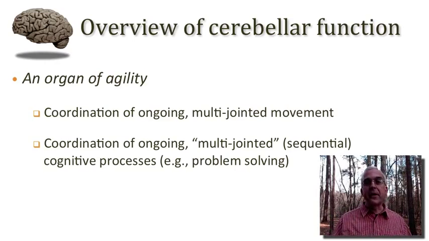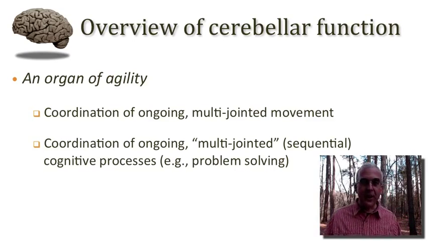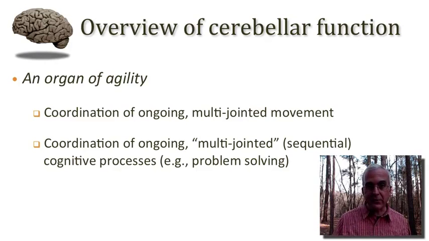Or if we want to think of the various components of problem solving as movement across multiple hinged joints, if you get the metaphor, then I think we can understand the cerebellum as being involved in the coordination of multi-jointed cognitive processes. That is, cognitive processes that articulate and that are sequenced in very much an analogous way as the movements across multiple joints of a limb.